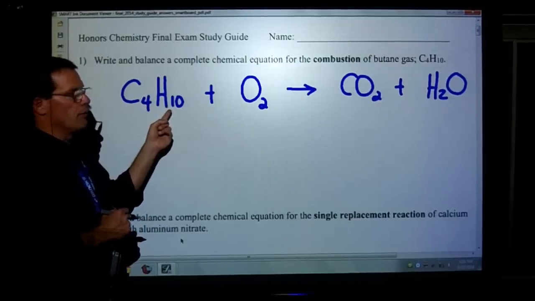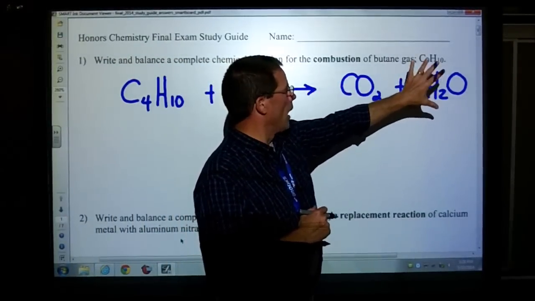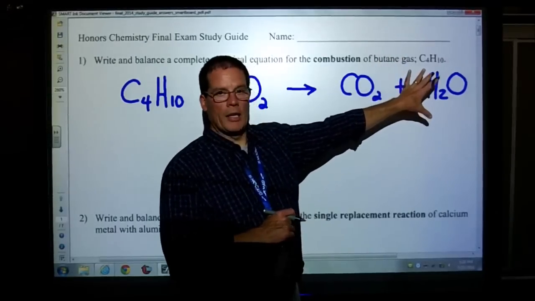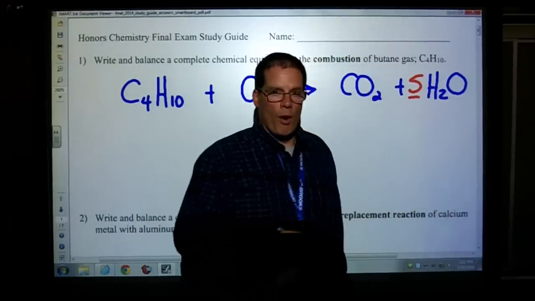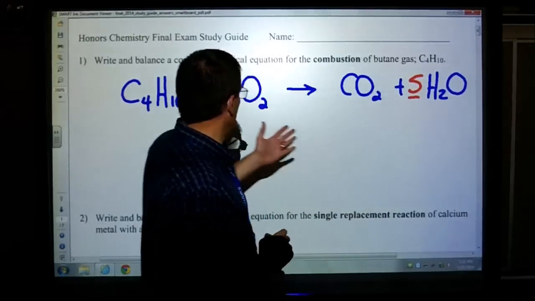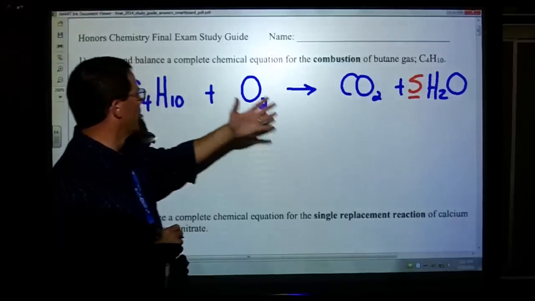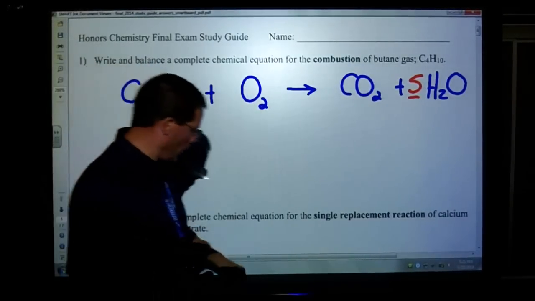So hydrogen, I have 10. If I want to get 10 hydrogens over here, I'm going to need to put a 5 there. But remember, it's not a very good idea to place an odd number in front of the water. Why? Because if you do that, that gives you an odd number of oxygen on the product side, and there's no way to get an odd number on the left side or the reactant side.